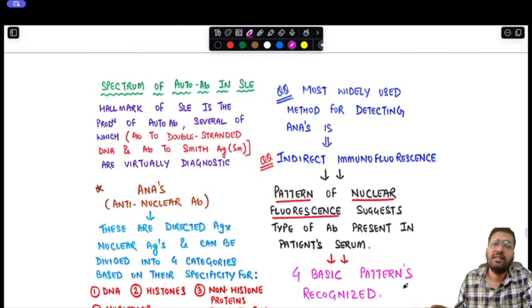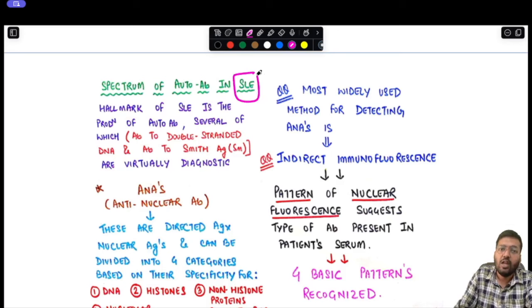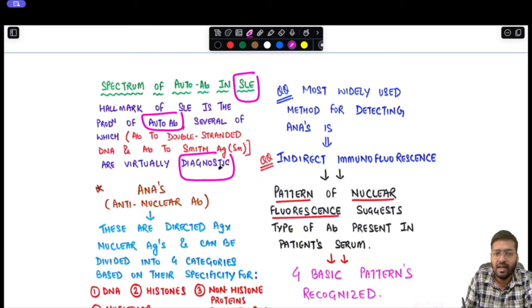Now, not only this, immunofluorescence can also help in the detection of different autoantibodies in SLE. As you know, the hallmark of SLE is the production of autoantibodies, several of which are virtually diagnostic, for example antibodies to double-stranded DNA or antibodies to Smith antigen. These antibodies directed against nuclear material are collectively called ANA or anti-nuclear antibodies.